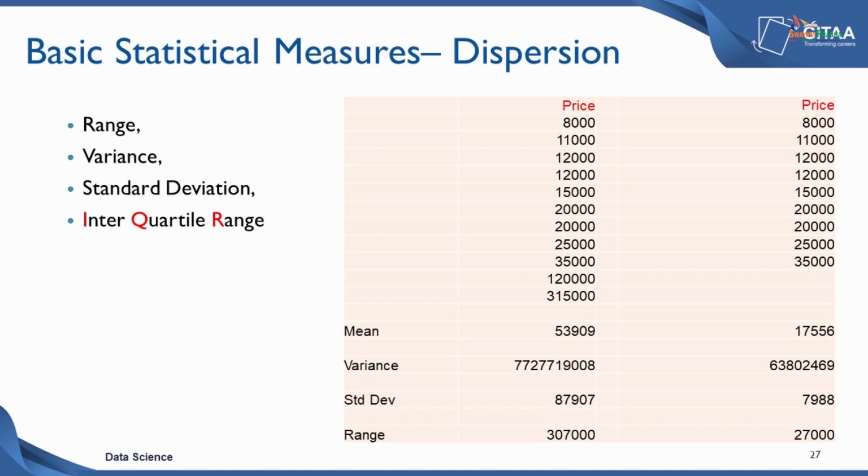The problem is that the variance has a unit which is the square of the base unit in which the data is measured. If this is dollars, the variance is so many dollars squared, and we can't understand the physical import of a dollar square. An easier measure is the standard deviation, which is the positive square root of the variance, which is 87,907.